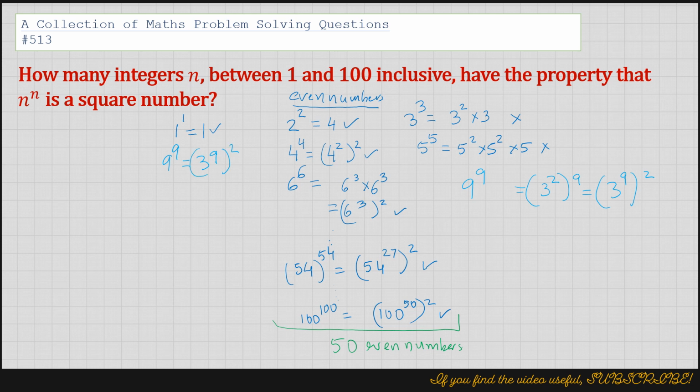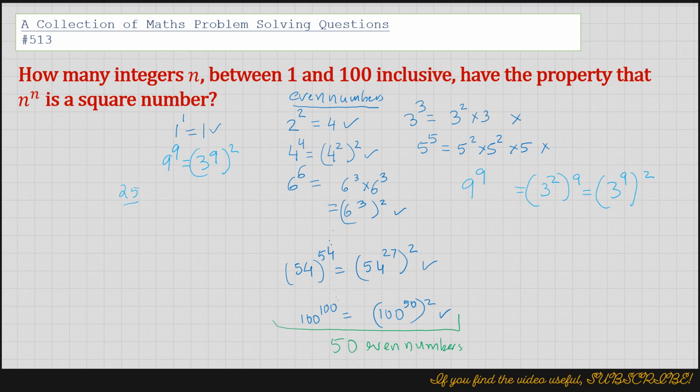Similarly, what is the next square number between 1 and 100? 9 is a square number, 3 square is 9, 4 square is 16. 16 is included in our even number list. And then you'd have 25.